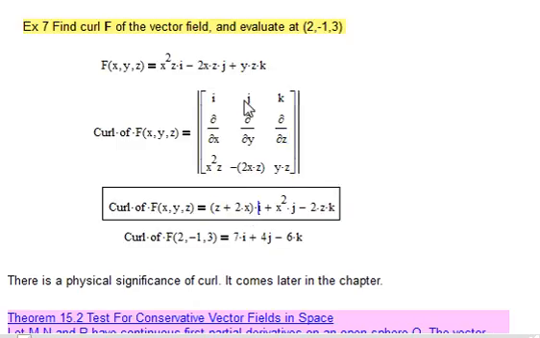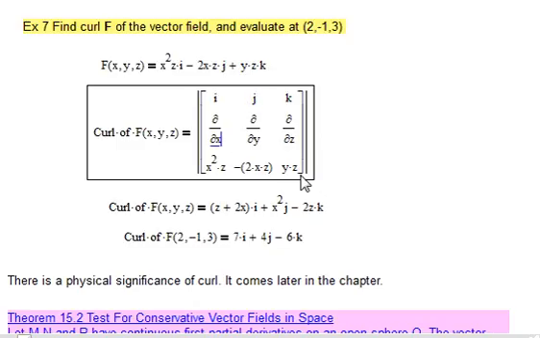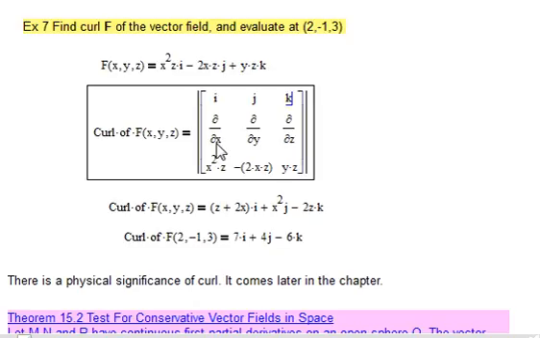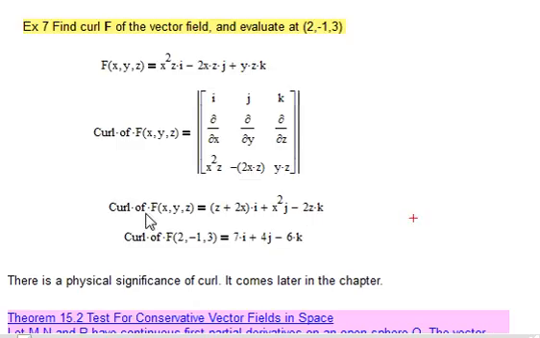Then minus j times the partial of this with respect to x, which is 0, minus the partial of this with respect to z, which is x squared. So it's minus a negative x squared, therefore plus x squared times j. And finally for the k, the partial of this one with respect to x is -2z, and the partial of this one with respect to y is 0. So it's just -2z. There's our curl of F.